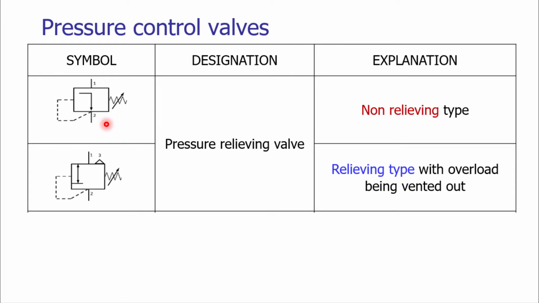But if the output pressure exceeds the cracking pressure of the system, then this valve is not helping us. For that purpose, we need a vent out or relief port, or the exhaust port or the environment port. When the system pressure increases beyond the cracking pressure, the input pressure port will be connected to the vent port, that is the environment port.